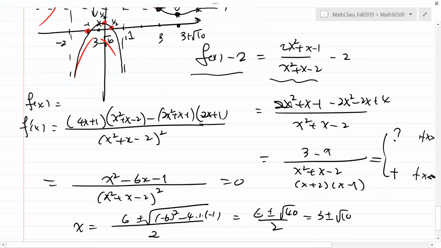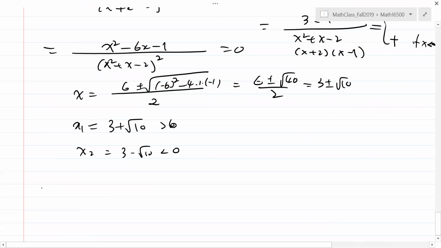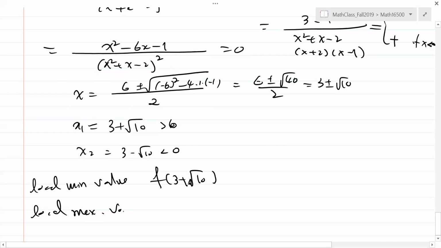So you can tell the local minimum value. Okay, and local maximum value is going to be this. And then we have to do the calculation. You can estimate.